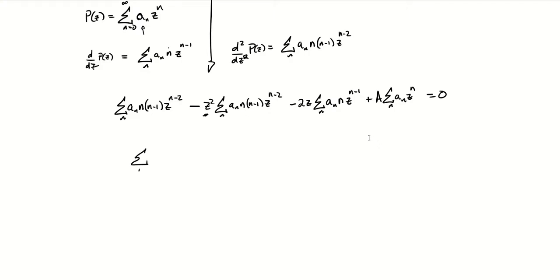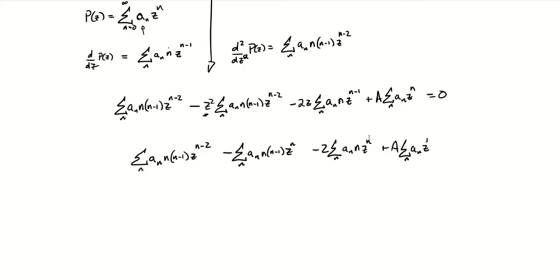So this whole thing now becomes the sum over n of a sub n times n times (n minus 1) z to the n minus 2, minus the sum over n of a sub n times n times (n minus 1) z to the n, minus 2 times the sum over n of a sub n times n z to the n, plus a times the sum over n of a sub n z to the n equals 0, right?